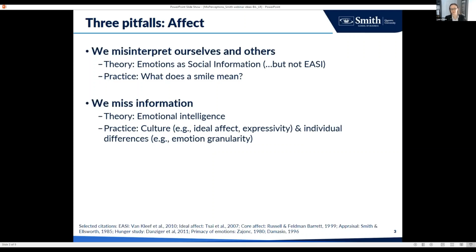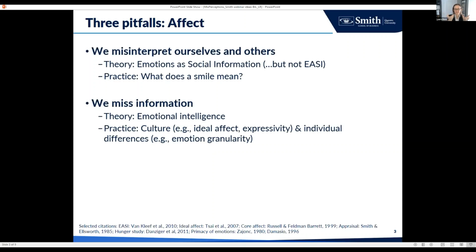That also brings into the picture this idea of expressivity differences across both cultures and individuals. So how much and how intensely we express the emotions that we feel can really differ. Naturally, for example, I'm actually really quite an expressive, if you couldn't tell, person. And so a broad expression or a really intense expression for me might mean something very different from that same intensity expression level from someone who's much less expressive on a normal basis.